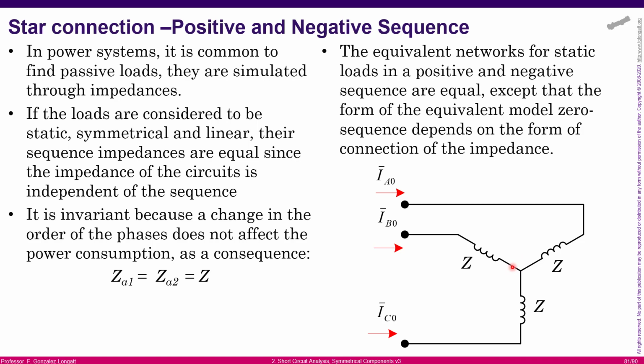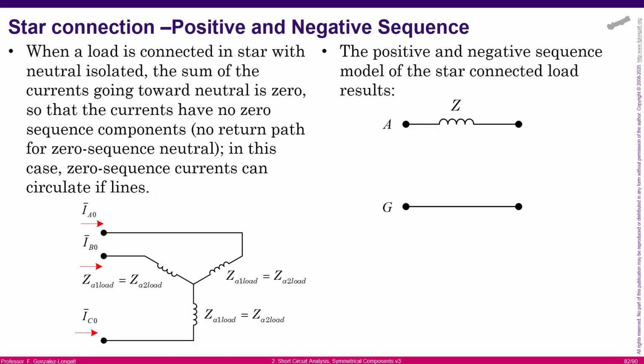Okay. What is happening now? Well, in this situation, everyone can understand that there is no possibility of having zero sequence current. Okay, what is the reason? Well, again, if we have a zero sequence current here, let's say this is the zero sequence coming from line A, when it arrives at the neutral point, remember that we have Kirchhoff's current law.